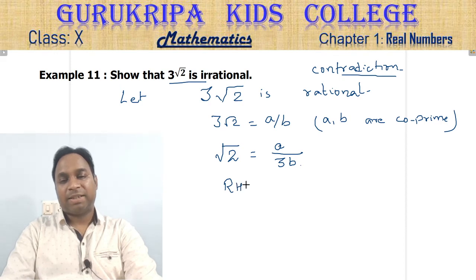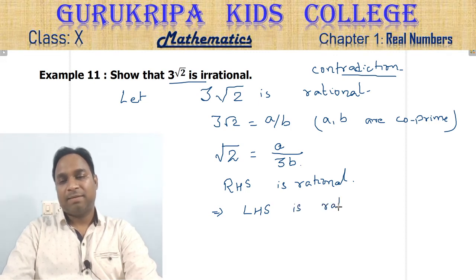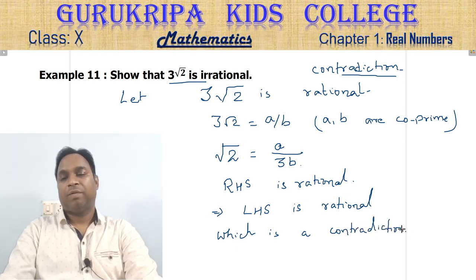Again we have RHS is rational, which implies LHS is rational, which is a contradiction.